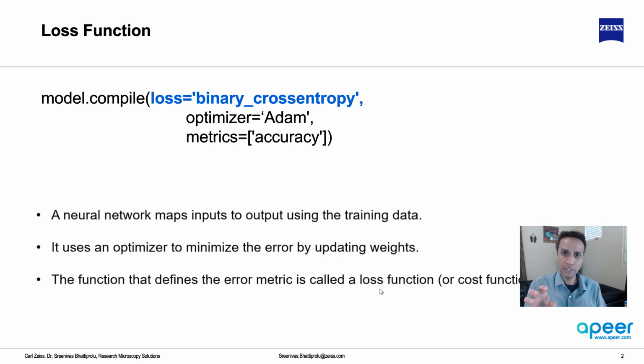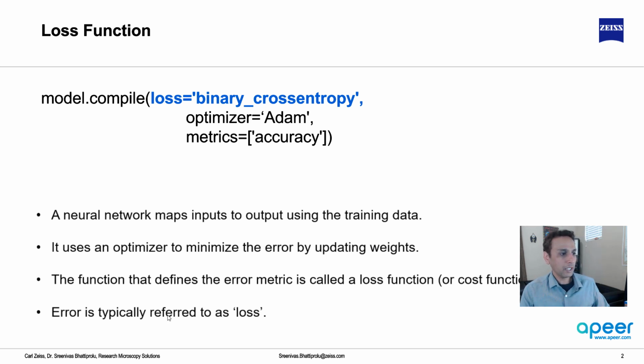When it comes to prediction, it is y true minus y predicted. That is your actual error. It's actually not just this minus that; we'll have a quick look at that in a second. The error we are talking about is typically referred to as the loss. The optimizer's job is to minimize this loss, and the loss function defines a function to quantify this error.